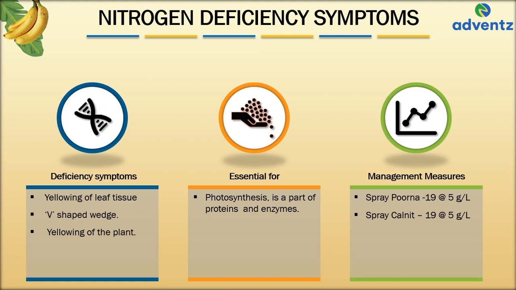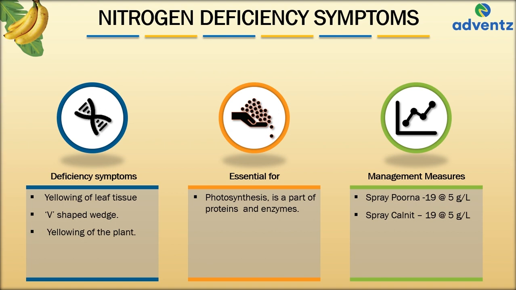To ensure adequate nitrogen is provided to the banana plant, we can add and spray 5 grams per liter of water of Purna 19, which is a water-soluble fertilizer, or use 5 grams per liter of water of Calnit 19, which is also a water-soluble fertilizer.